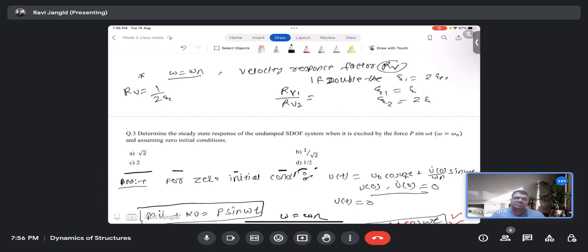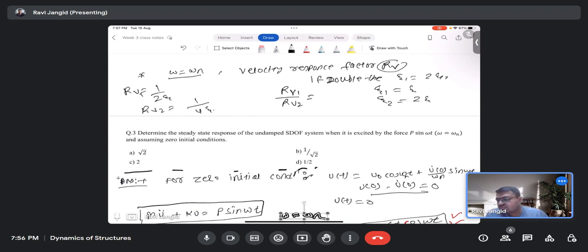Do you know this? So my Rv1 is this, and then Rv2 will become 1 over 4 xi. So what is my ratio?